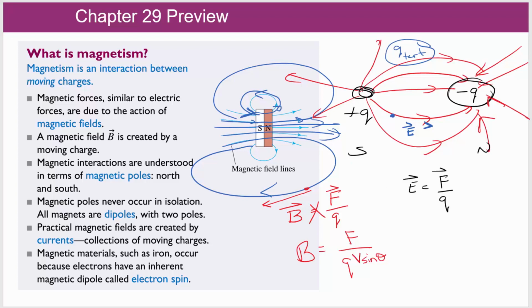Again, this is the difference between the electric field and the magnetic field. The electric field is the electric force per charge. The magnetic field at this point in space on a charge Q is equal to the magnetic force on the charge when it is moving at an angle theta to the magnetic field. And we'll get to this in a second.